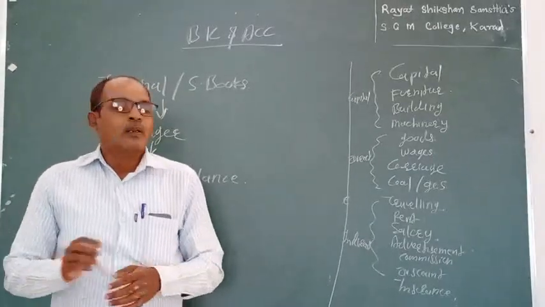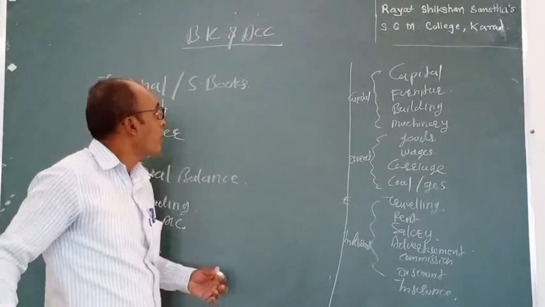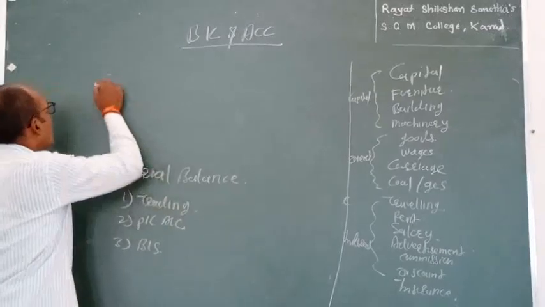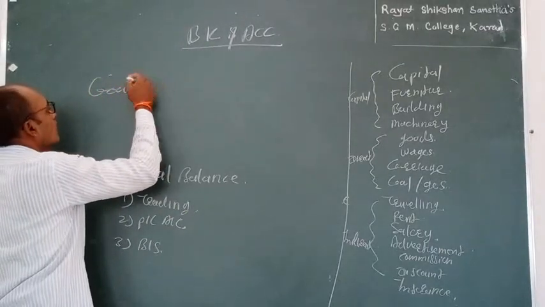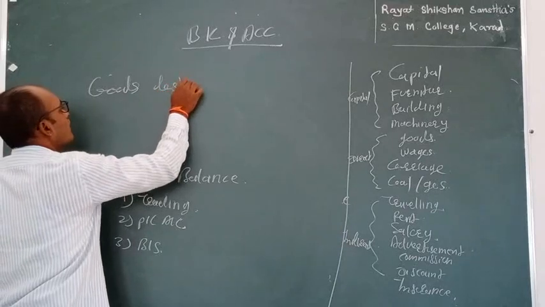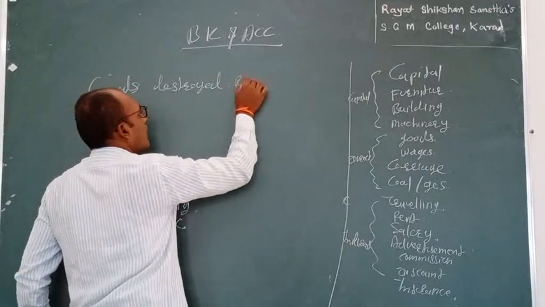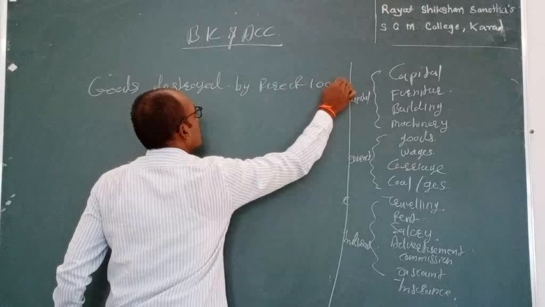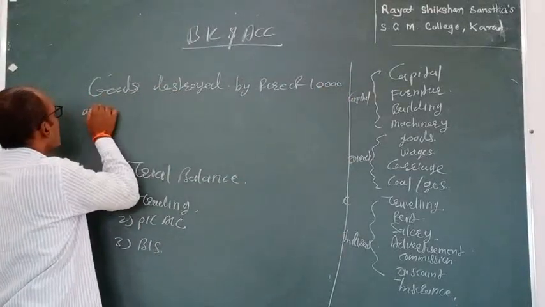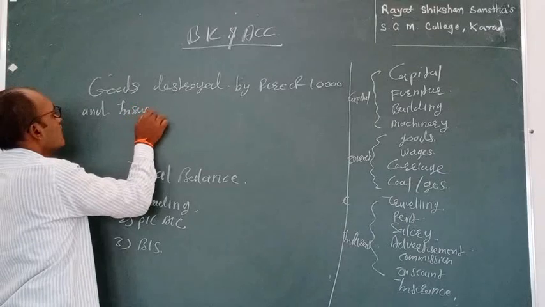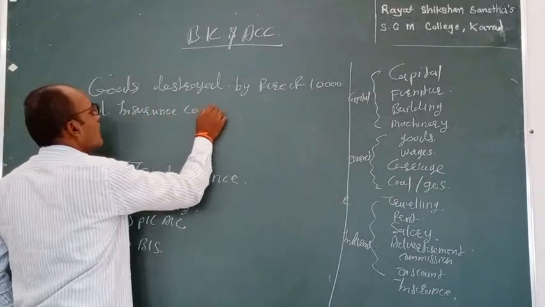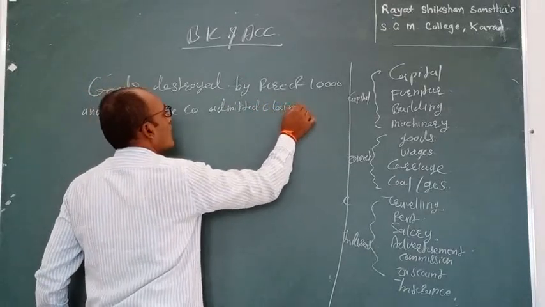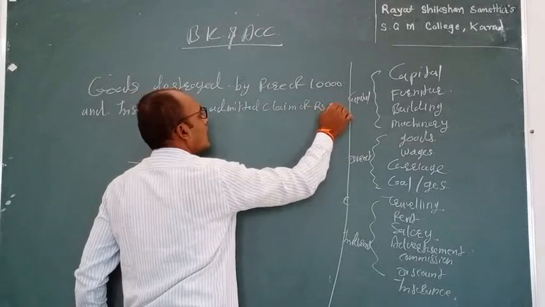For example, goods sold, goods are destroyed by fire of rupees 10,000, and the insurance company admitted a claim of rupees 8,000.